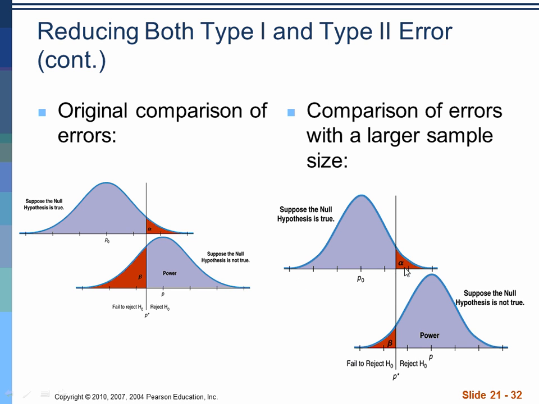Notice, again, here's, well, it looks like maybe 1.5 standard deviations away from our mean. Here's 1.5 standard deviations from our mean. Notice the area between the two. This one over here has smaller area, therefore smaller error.